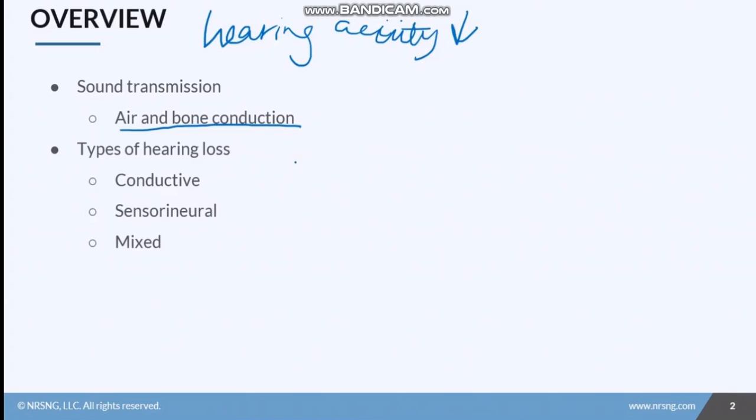Basically, this is how the person receives sound. Usually, air conduction of sound is more sensitive than bone conduction. So if a person's hearing is decreased, this is characterized as conductive, sensorineural, or mixed. And we'll go into each of those types in a little bit.